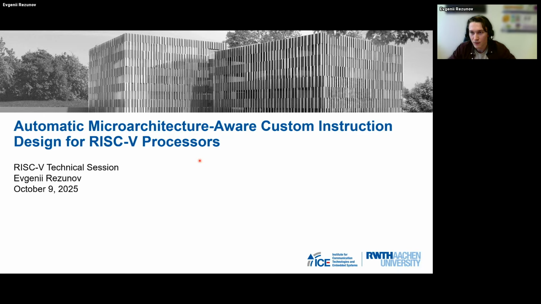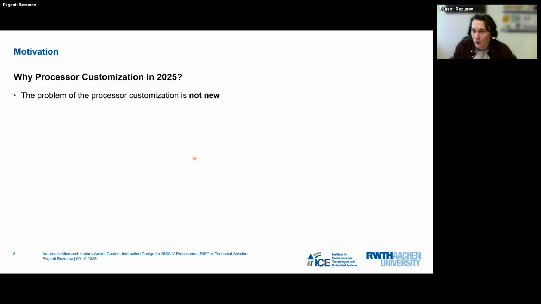Let me start with some motivation for our work. Why are we talking about processor customization in 2025? The problem is obviously not new. There has been ongoing effort in the last 30 years of finding the balance between the flexibility of general purpose processors and the efficiency and performance of dedicated hardware.